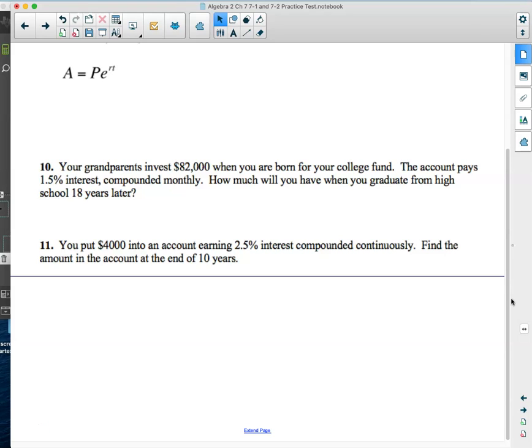But it's compounded monthly. How much will you have when you graduate from high school 18 years later? Formula. Yeah, our big compound interest formula from yesterday, the big formula.